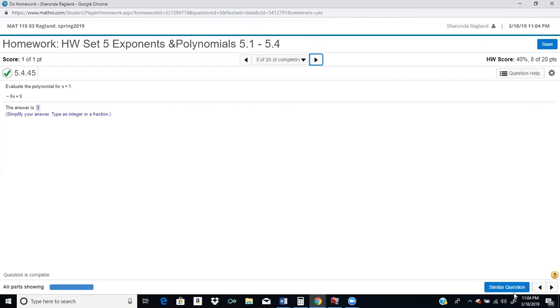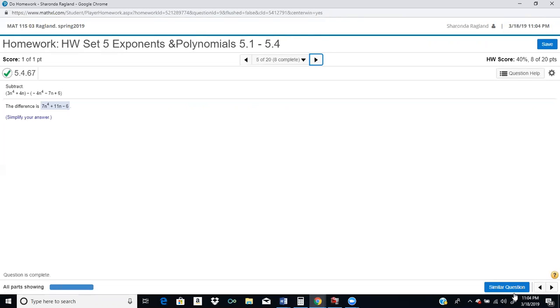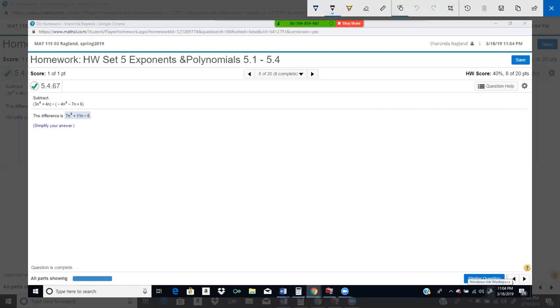And then evaluating, you know how f(x) is 1, plug it in, follow your order of operations to simplify it. And then you get into the subtraction, that's more evaluation. So just be careful with the subtraction again. When you're subtracting, if you have 3n to the 4 plus 4n minus negative 4n to the 4th minus 7n plus 6, again, there's a positive 1 here, but there's a negative 1 in front of this one.